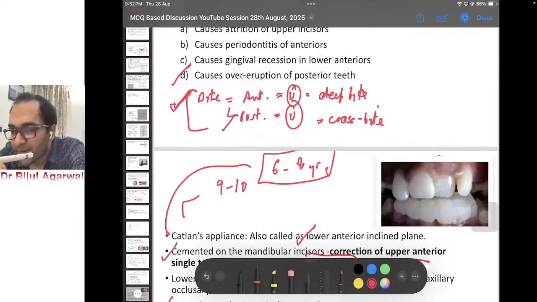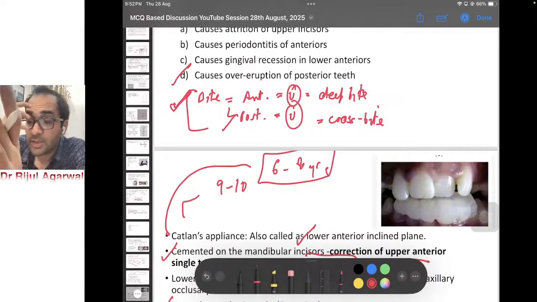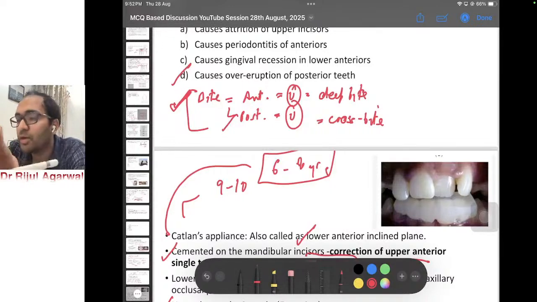Either in the form of a bite plane removable appliance, or blue bite is a fixed thing. It's like a blue glue or a blue composite which you place on the posterior teeth. What you need is an anterior disocclusion so that the anterior crossbite can be corrected. Okay, so blue bite is not an appliance. It's a therapy or a technique or an adjunct which you use for crossbite correction.